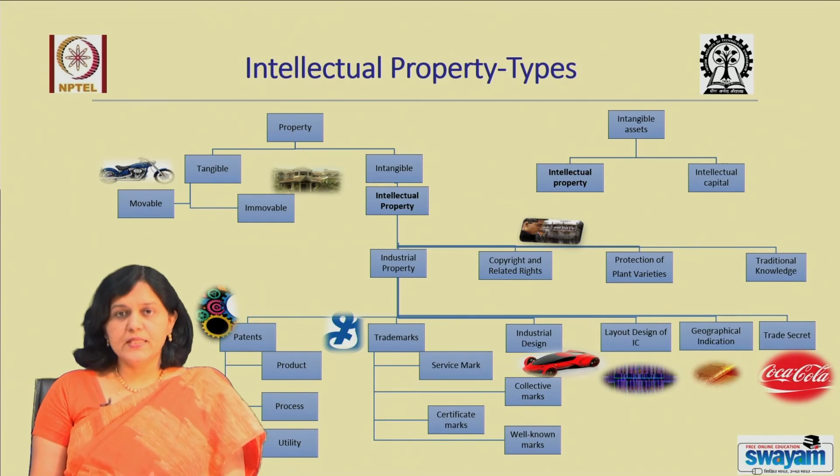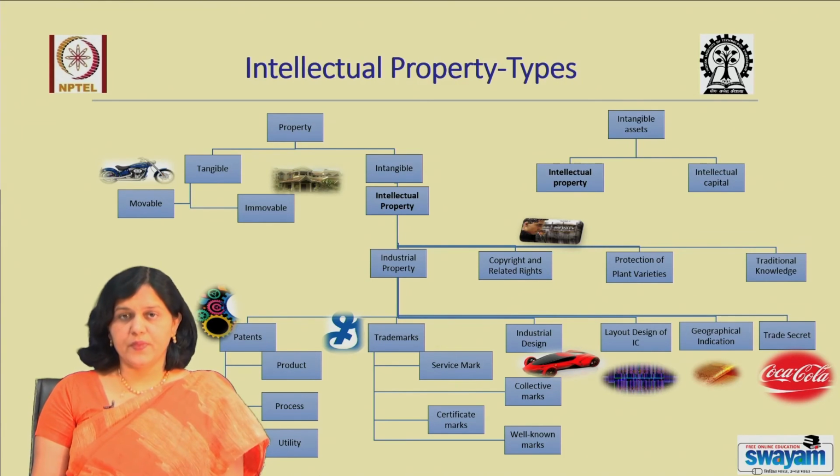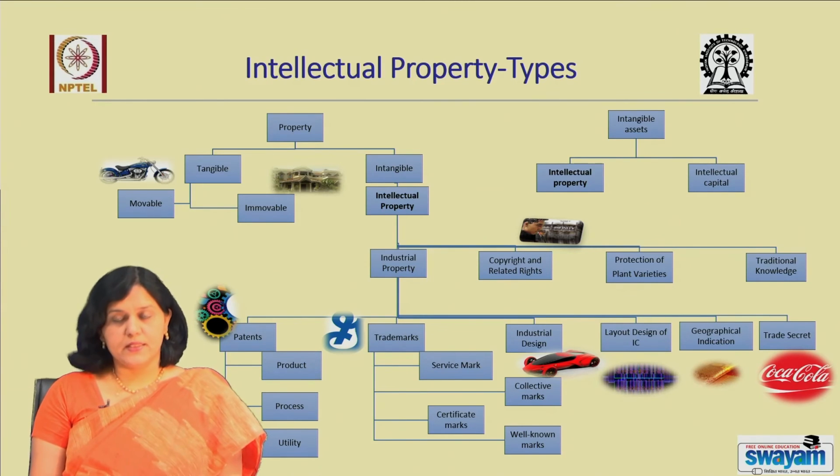So, in this classification, we are considering patent, trademark, industrial design, geographical indication, semiconductor layout design and trade secret under industrial property. The next type of IP is related to plants and farmers' right. A separate act is enacted in India to protect this.